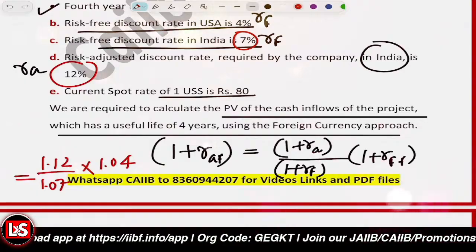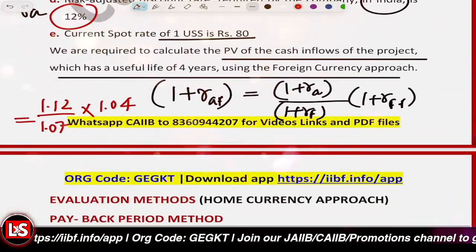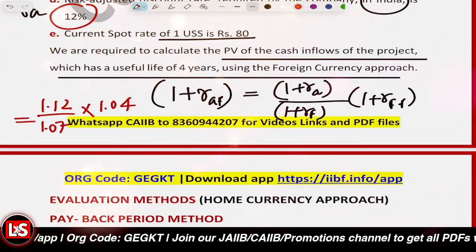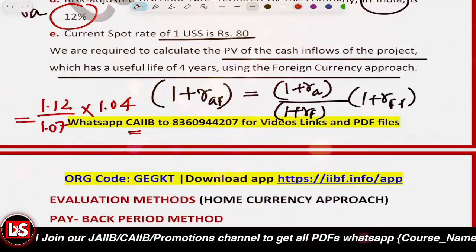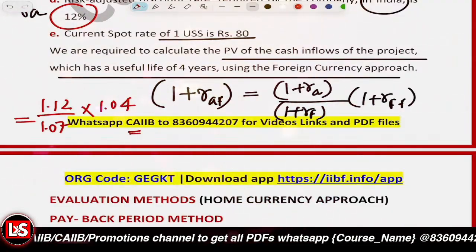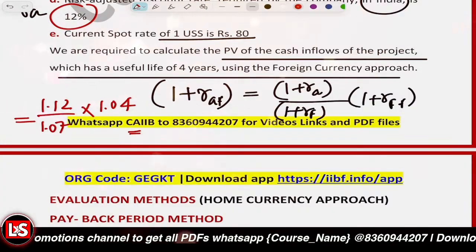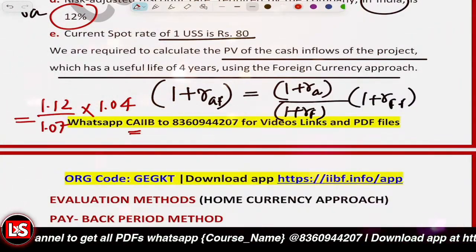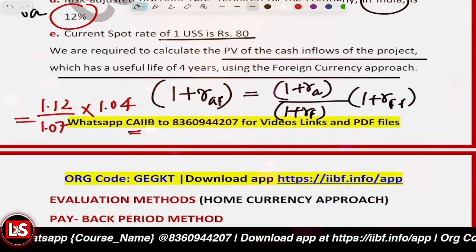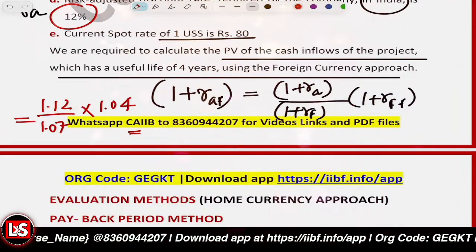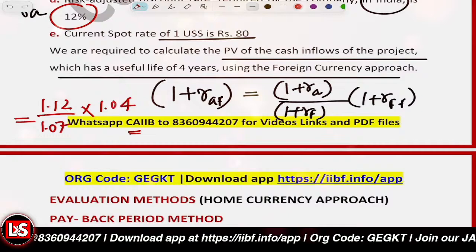So easily you can calculate the risk-adjusted rate in USA. This is the Fisher effect formula. We can use a simple calculator in the exam, that's allowed. So the answer will be 1.12 divided by 1.07 multiplied by 1.04, that's 1.088.